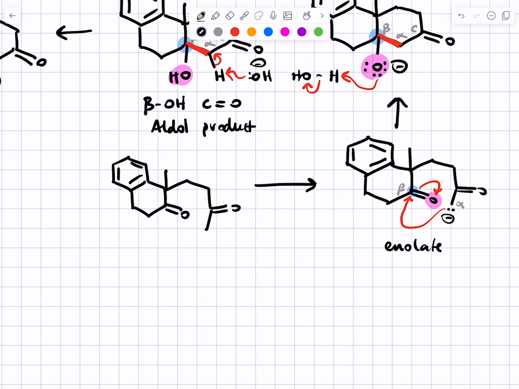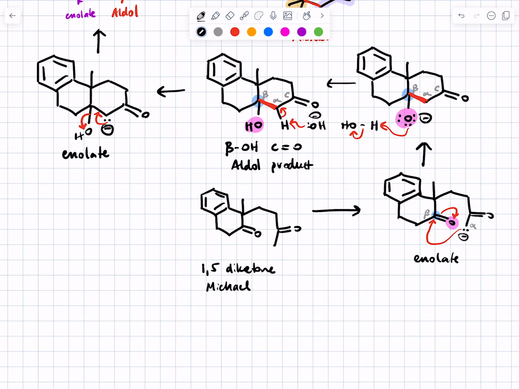All right, so that is our starting material, and this is the 1,5-diketone. That is the product of the Michael reaction. And just to remind you of our initial decisions about what was going to happen here, this portion of the molecule is going to be the alpha-beta unsaturated carbonyl compound, our electrophile.